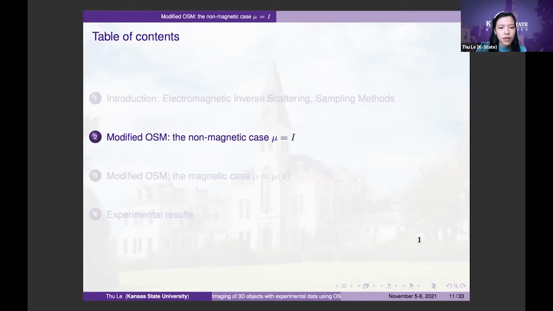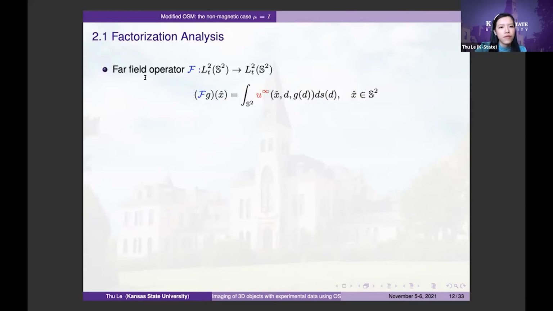Now let's move on to the next part. We consider the modified OSM, and we consider the non-magnetic case, where the magnetic permeability mu is equal to the identity matrix in R3. First, we have a look at the factorization analysis. We introduce the far field operator F, which is the integral of the far field pattern.